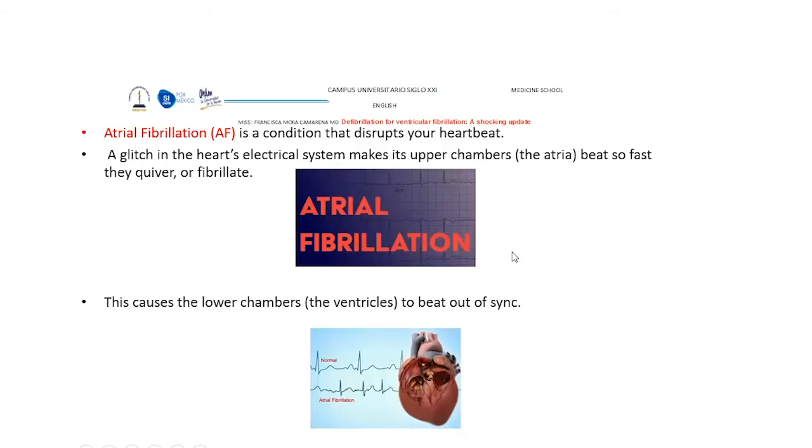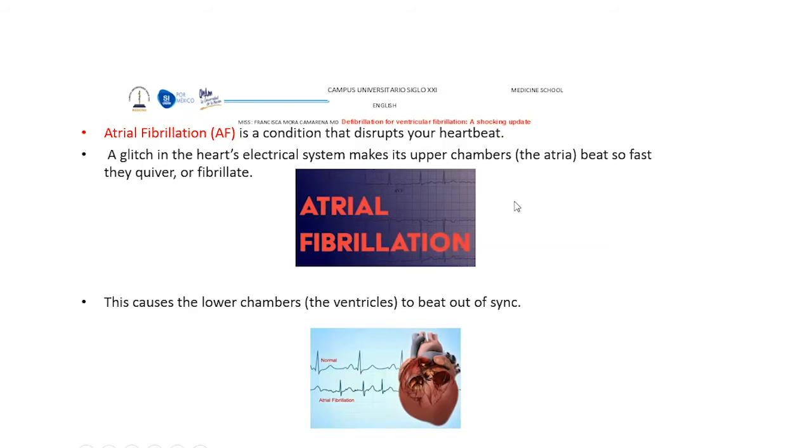Another situation that might affect the rhythm of the heart could be atrial fibrillation, which is a condition that will disrupt the heartbeat.